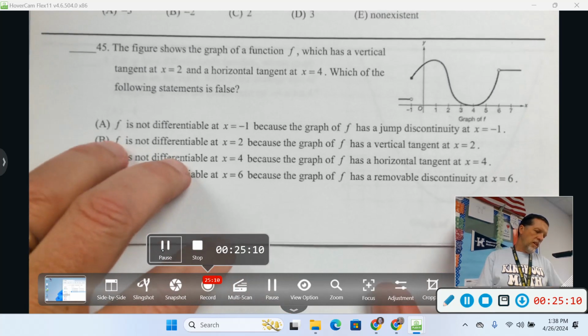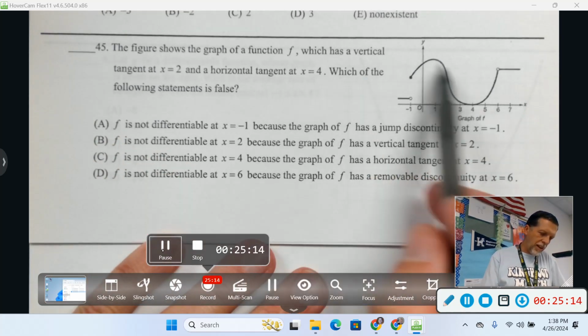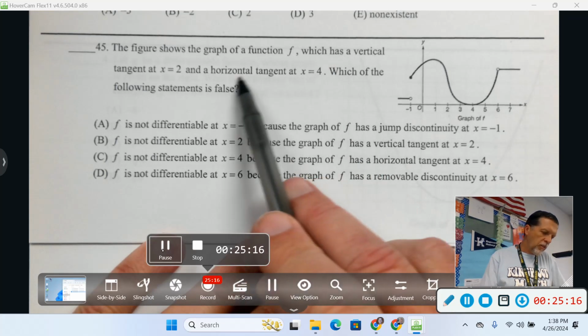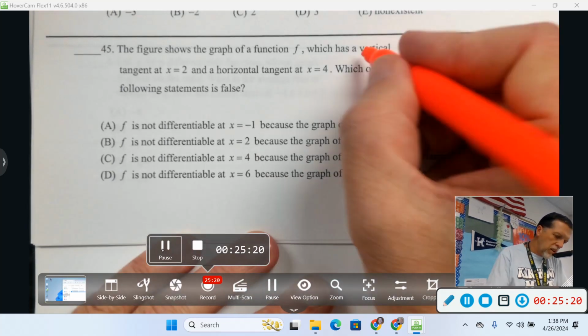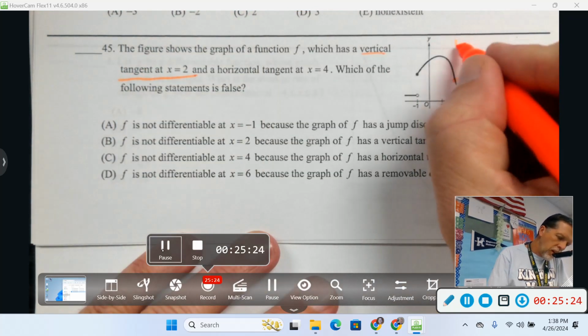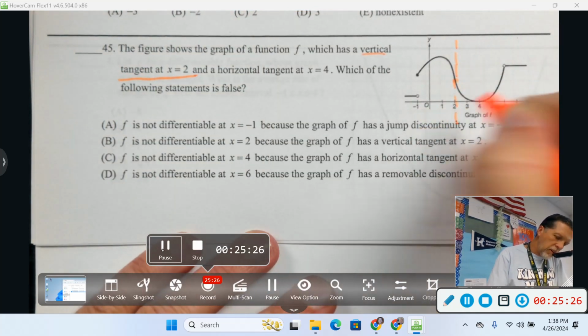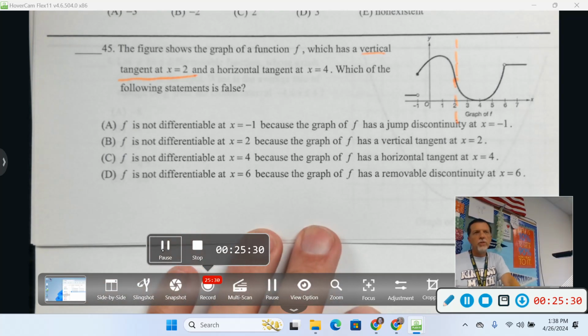45. The figure shows the graph of a function f, that's a weird looking deal, which has a vertical tangent at x equals 2. Ooh, that's important. So at x equals 2, there's a vertical tangent line. What does that mean the derivative is at x equals 2?